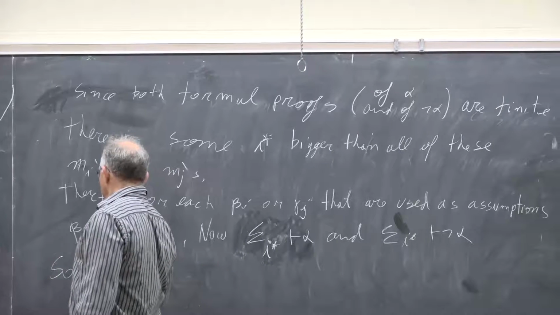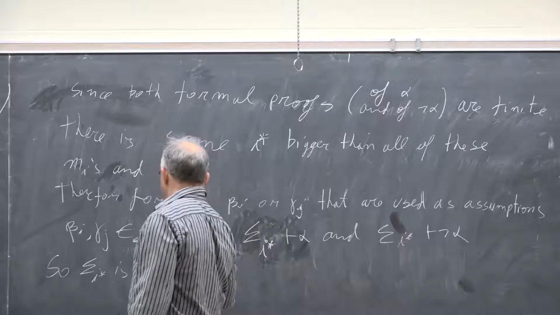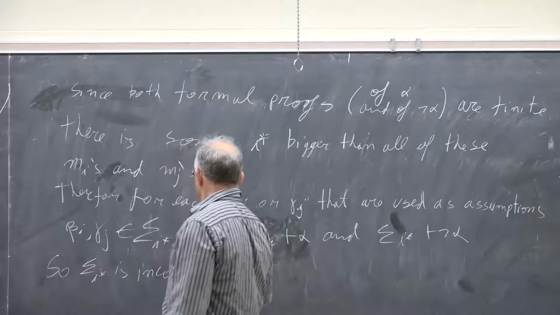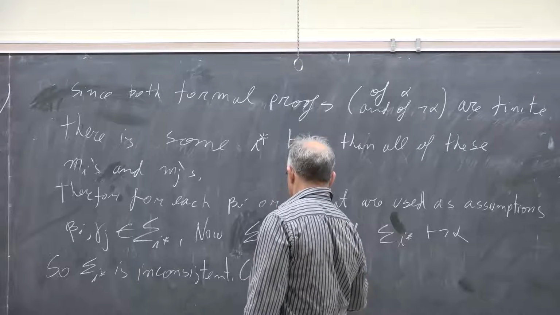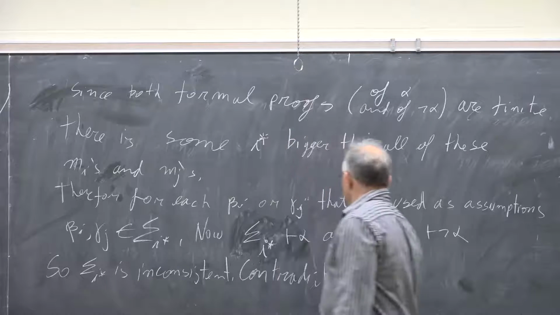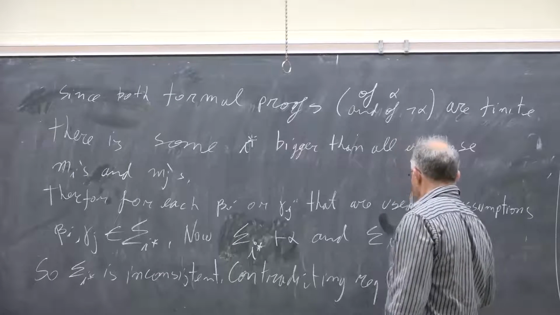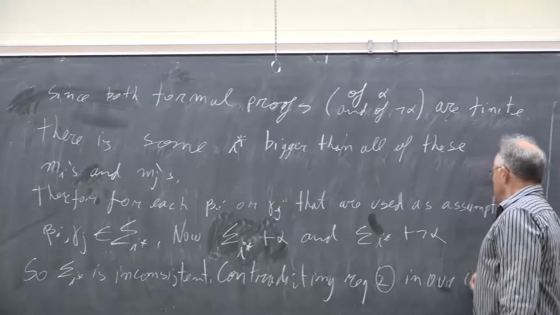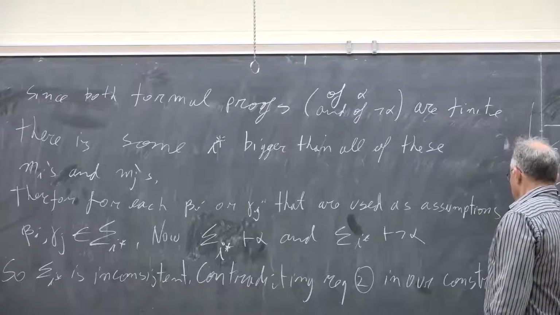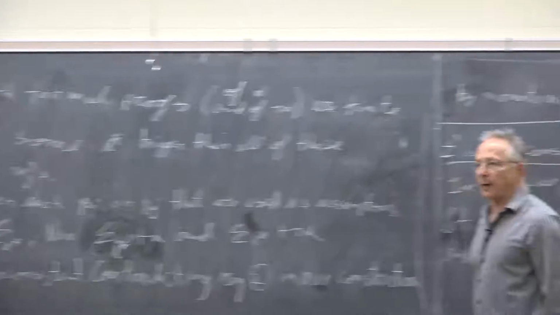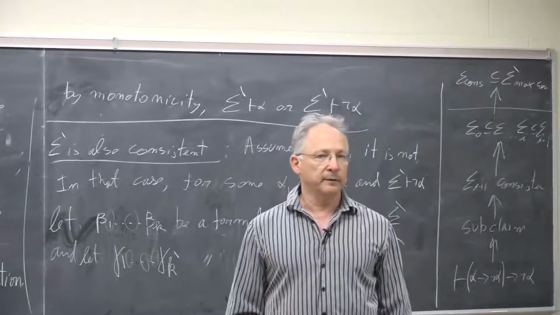So sigma i star is inconsistent, and that's contradicting requirement 2 in our construction. Because in our construction, requirement 2 said each alpha i is consistent.